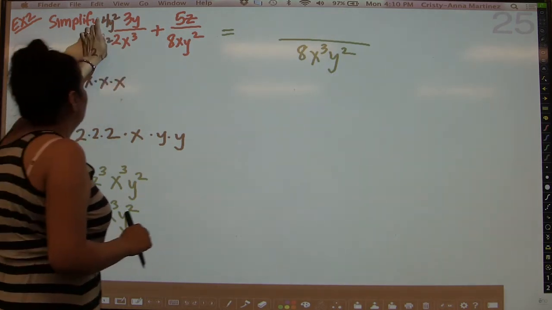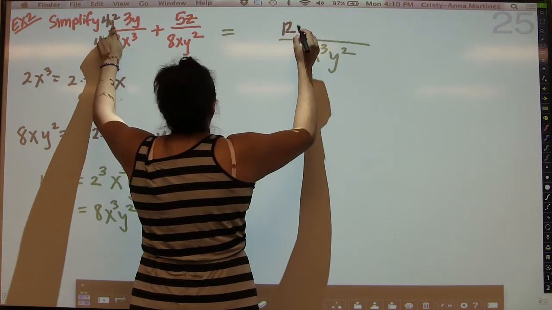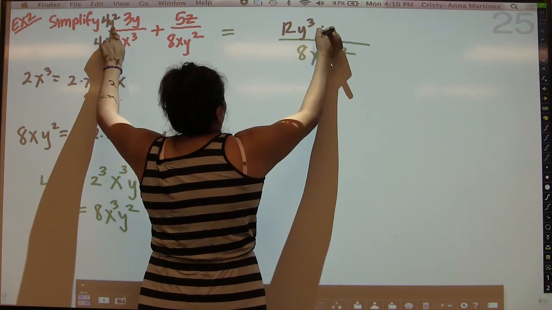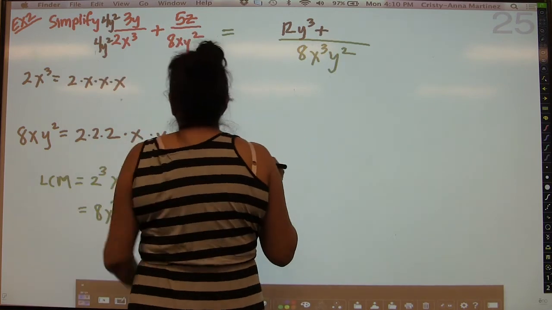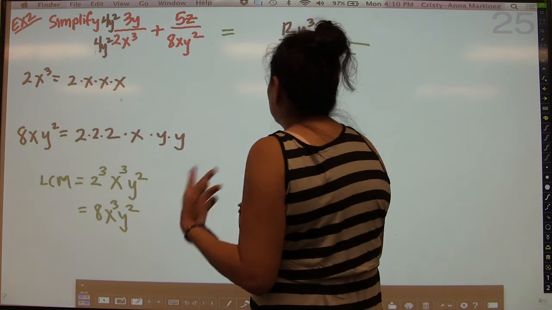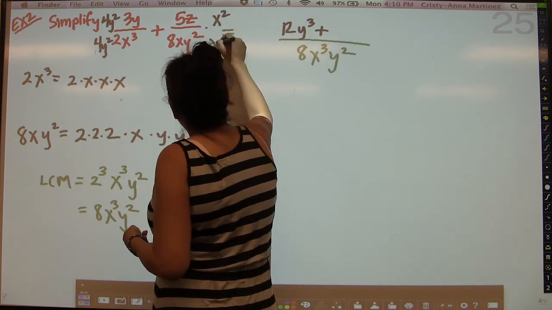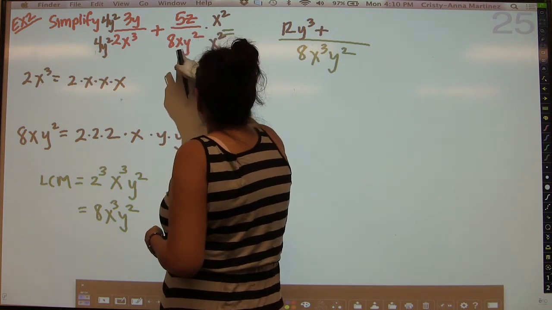So on the top we're going to get 4 times 3, which is 12, and then y times y squared, y cubed. On the second fraction, we already have the 8, we already have the y squared, we need an x cubed, and we already have 1x, so we multiply by x squared and x squared to get the x cubed.